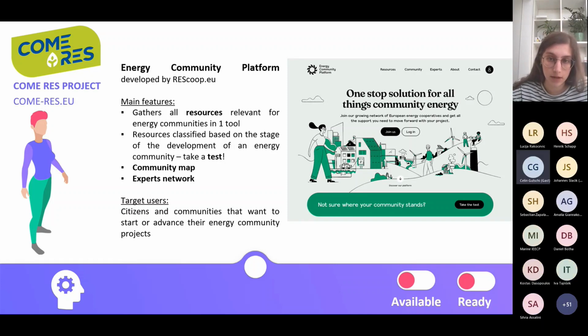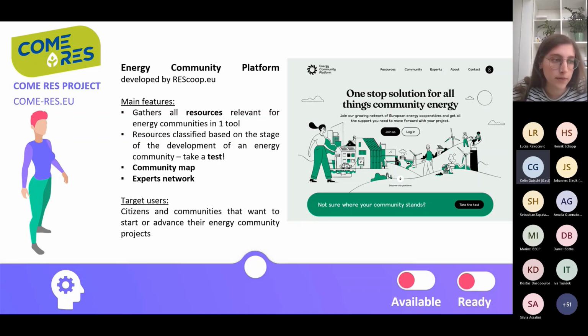And the feedback we receive a lot from our members is that, although there is a lot of information on the topic, it is spread around different websites, project websites, tools or platforms, and they cannot find what they want each time.